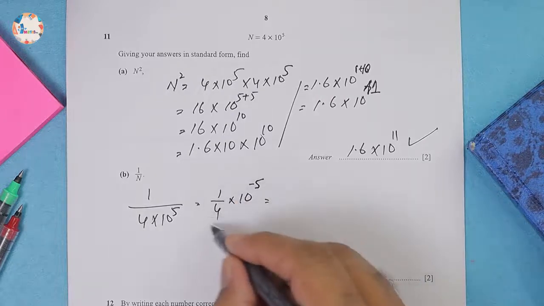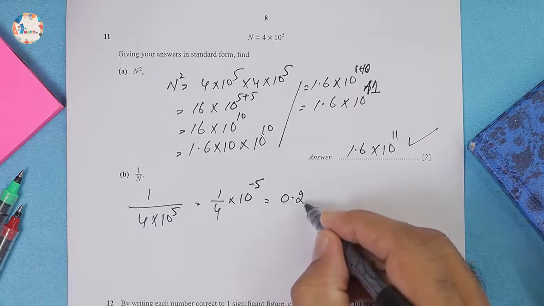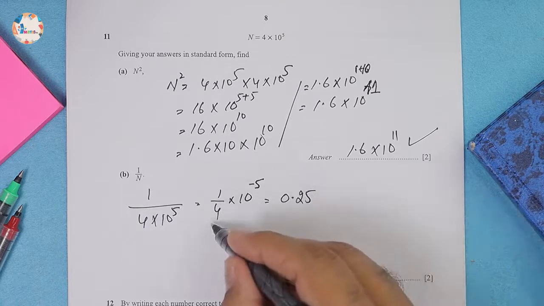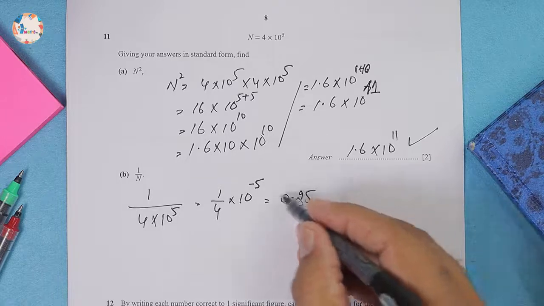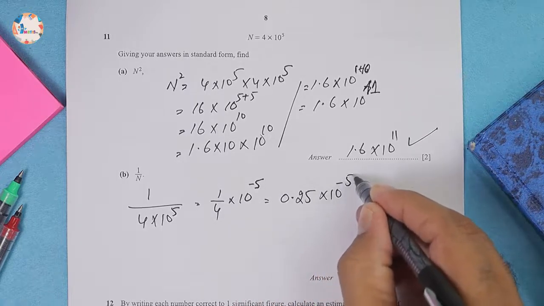Now this 1 over 4 we can write as 0.25. This is how 1 by 2 we write 0.5, and 1 by 4 we write 0.25, into 10 raised to the power minus 5.